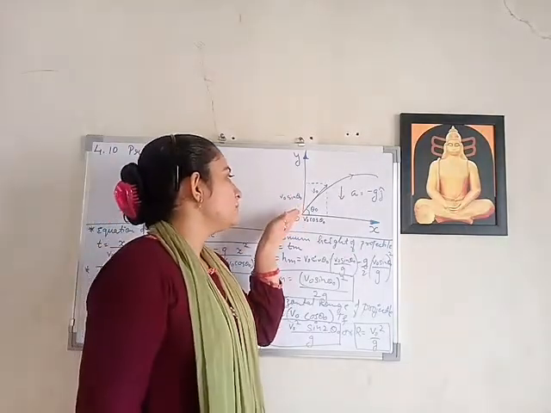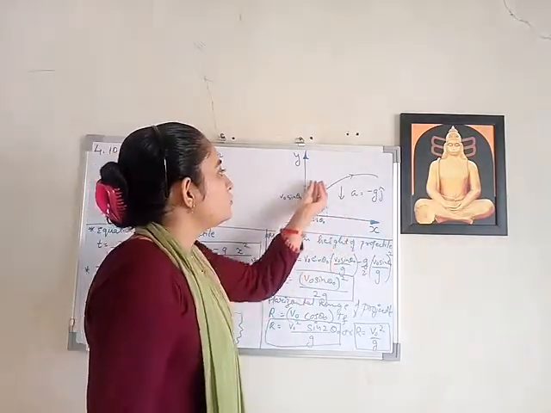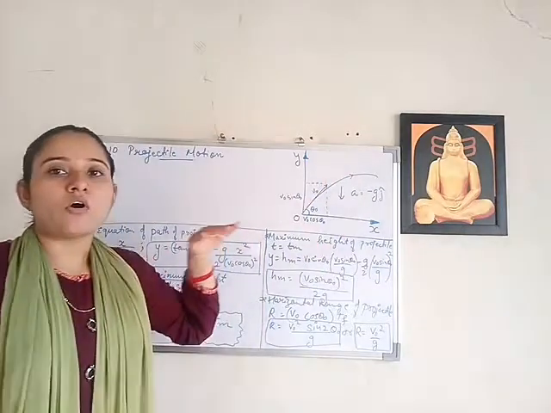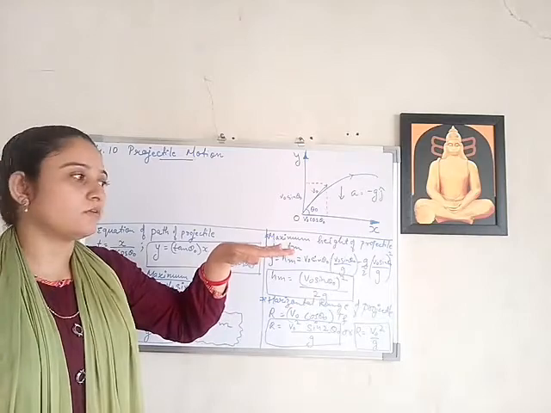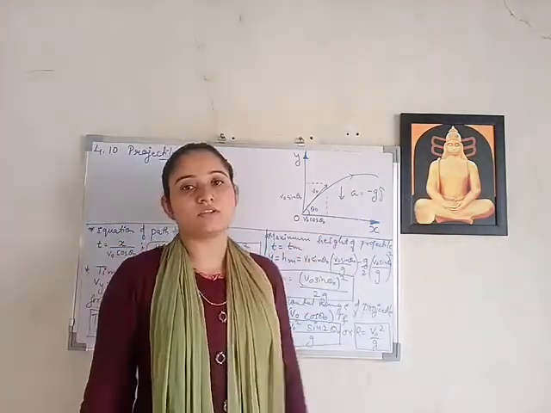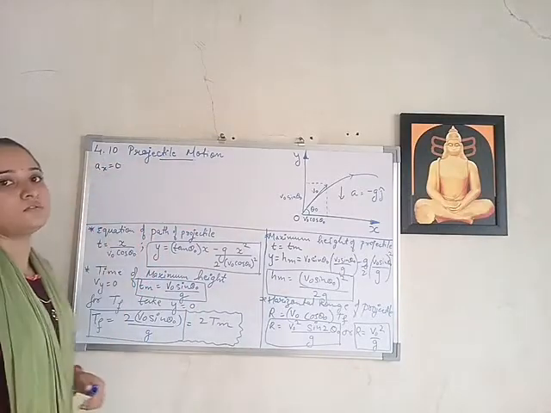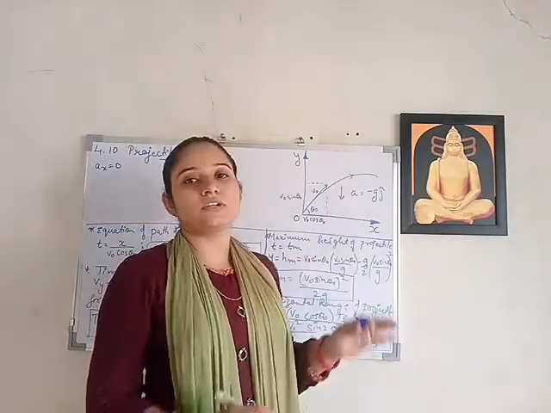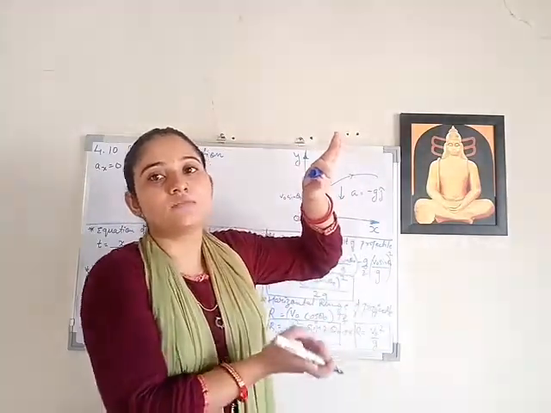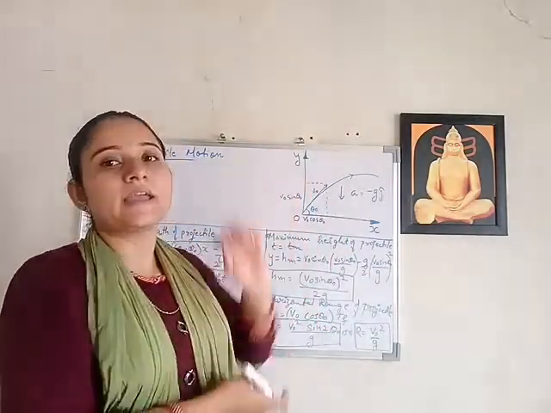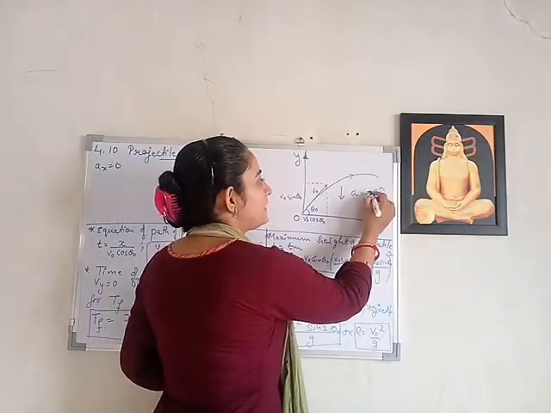Now say for example this is a ball. If the ball moves upward, the horizontal acceleration ax is equal to 0. But in the vertical direction the ball moves upward and the gravitational force pulls it downwards, so the ball is moving against the gravitational acceleration, so that is minus g.